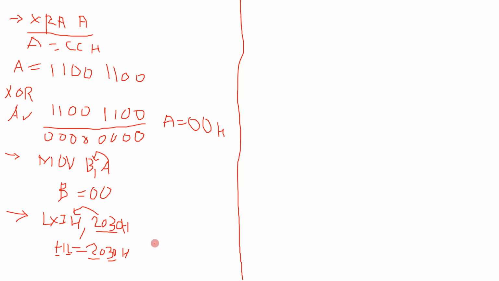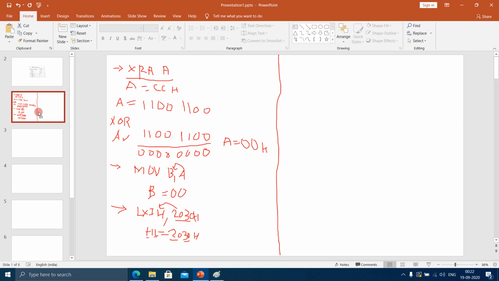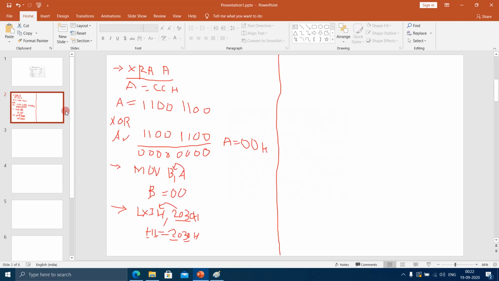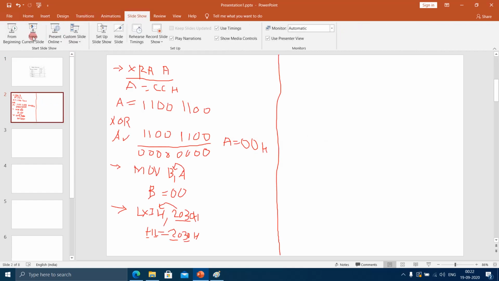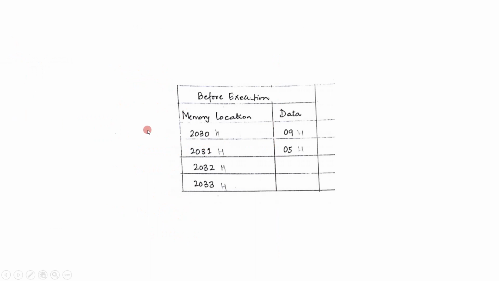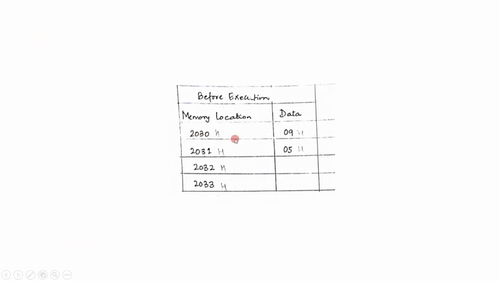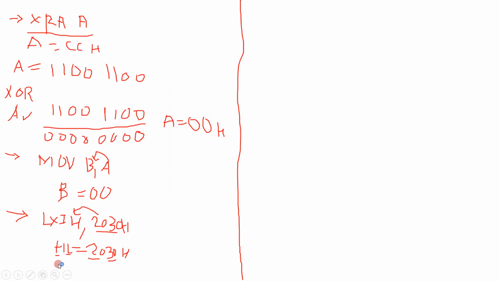What is there at location 2030? 09. So M is equal to 09H.